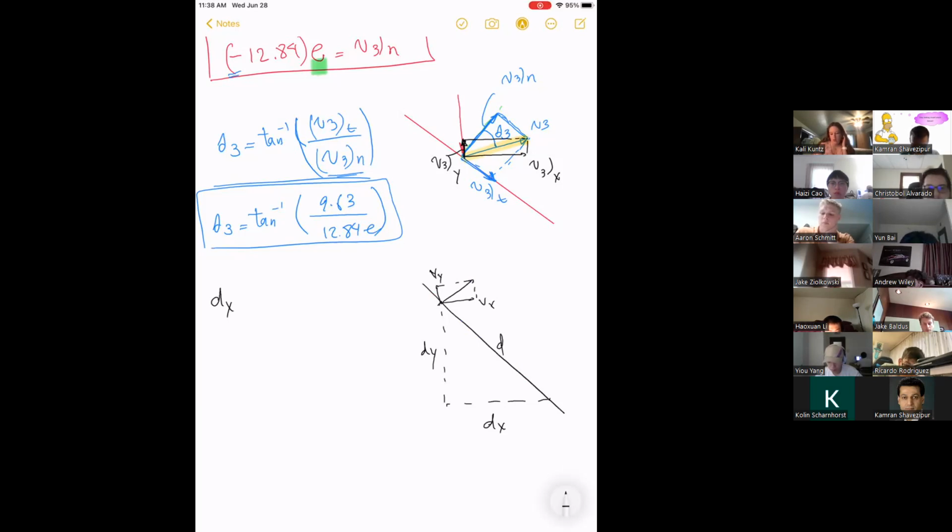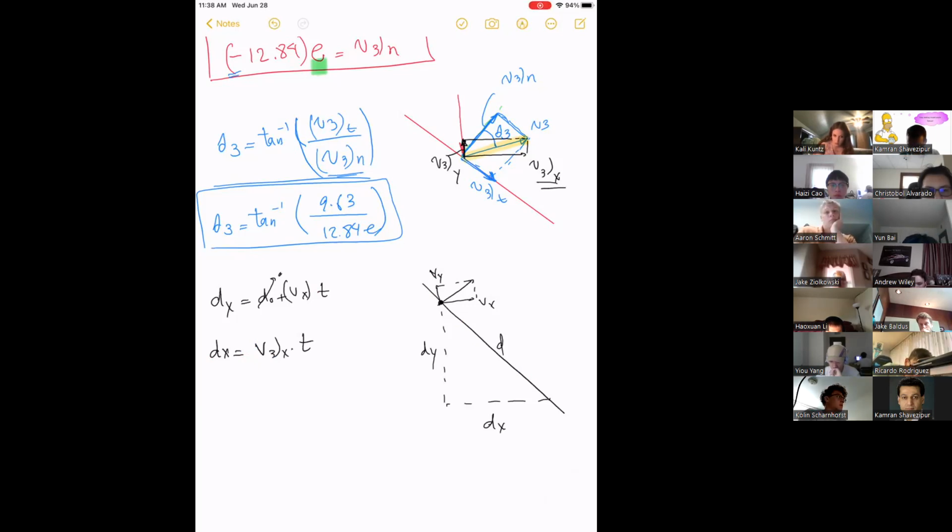So in the x direction, you're going to have d0 plus vx times t. And d0, if you put your reference here, it's going to be 0. So technically your dx is going to be v3x times t. How much is dx here?